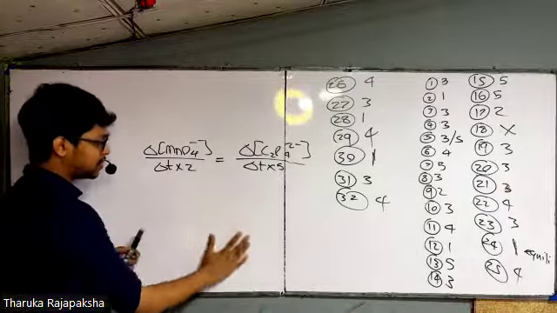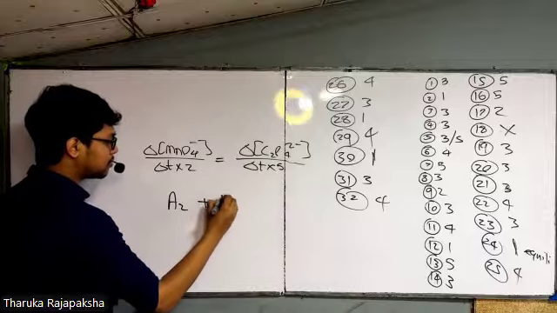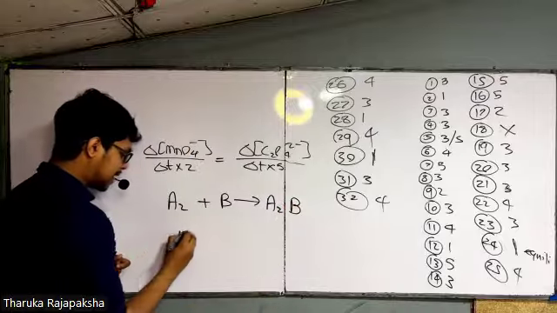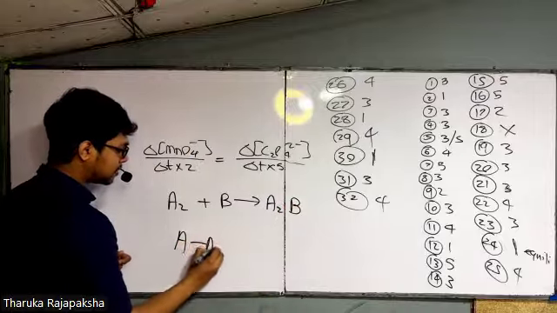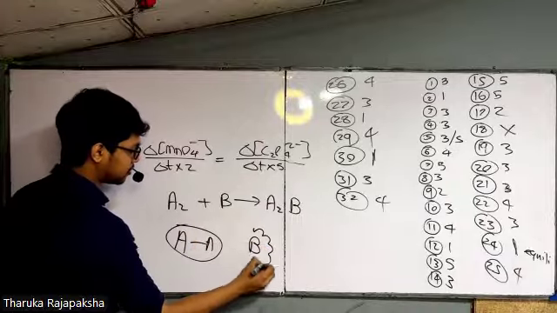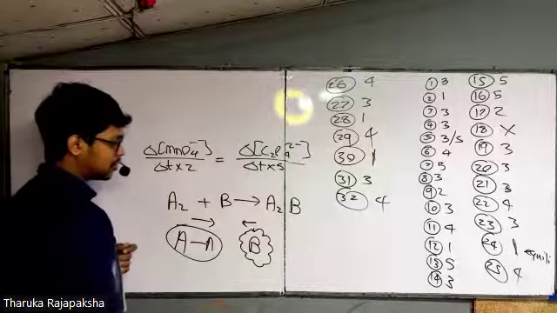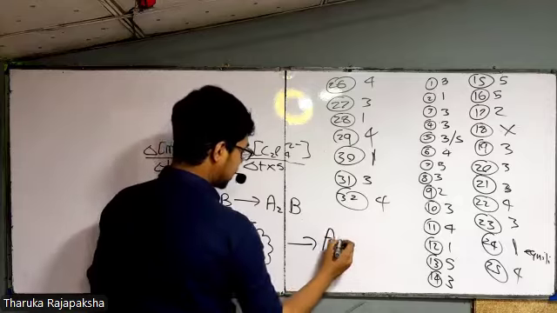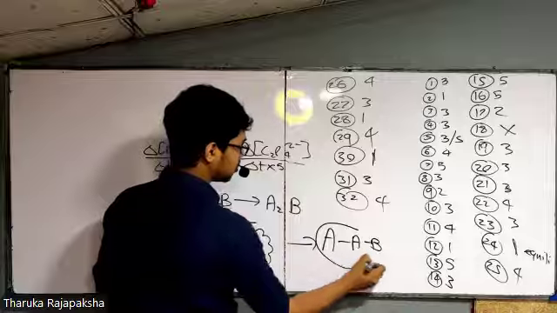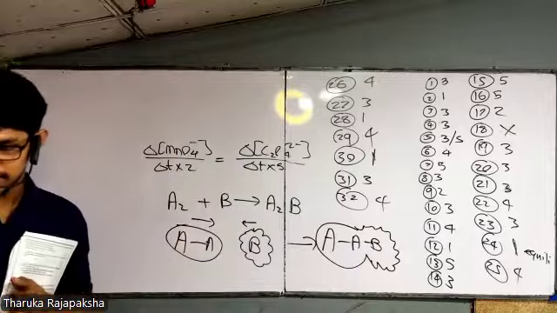For example, හිතන්නකෝ A2 molecule reacts with B to form A2B. මෙතෙන්දි වෙන්නේ A2 molecule is like this. හරිද? B molecule is like this. They are going to react together to form A2B.